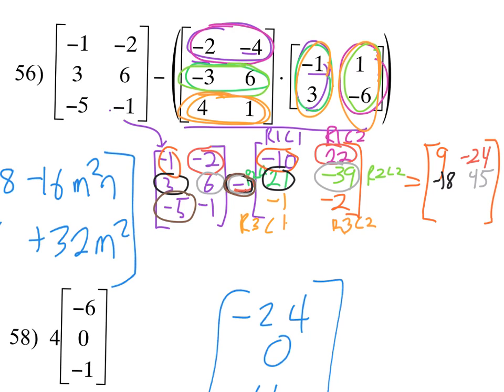Negative 5 minus negative 1 is going to be negative 4. And then finally, negative 1 minus negative 2 is going to be positive 1. My final answer is this lovely matrix to the right.